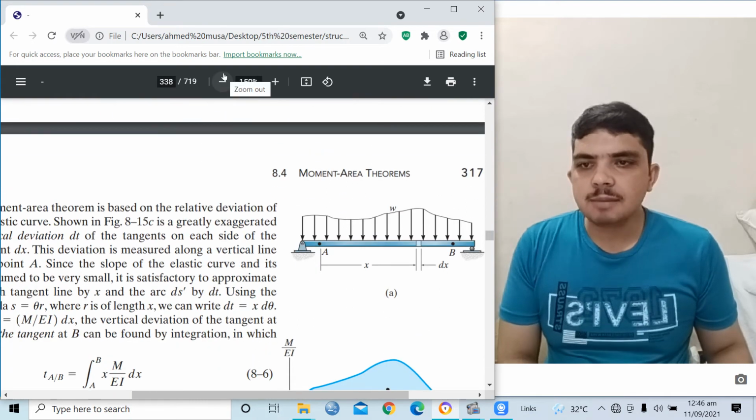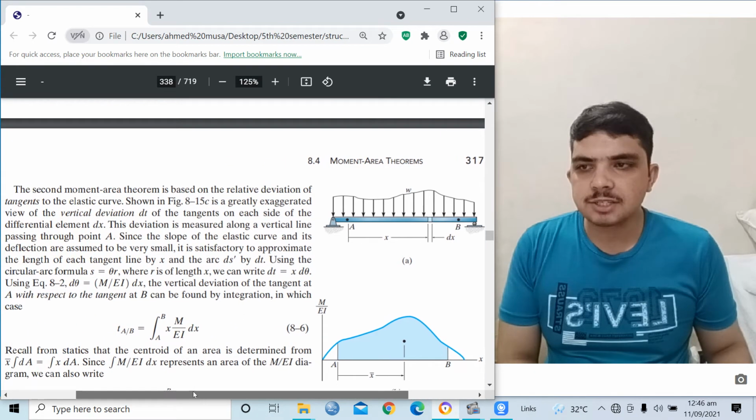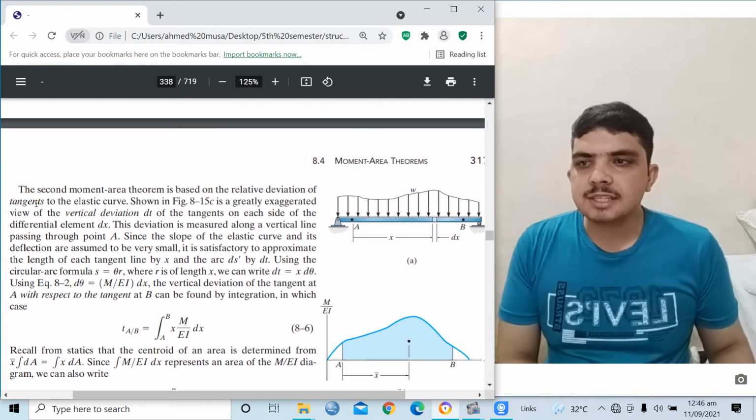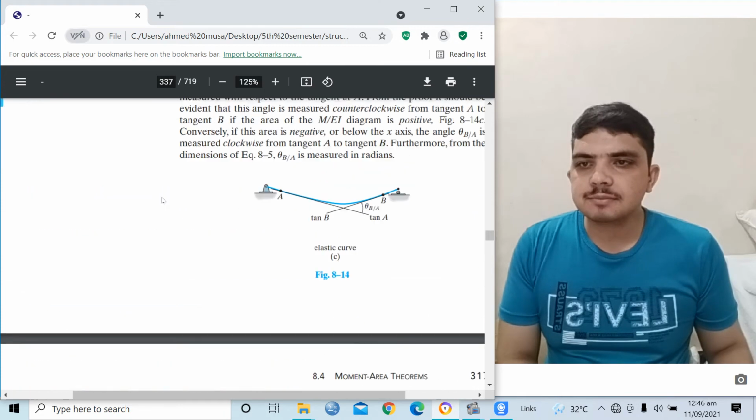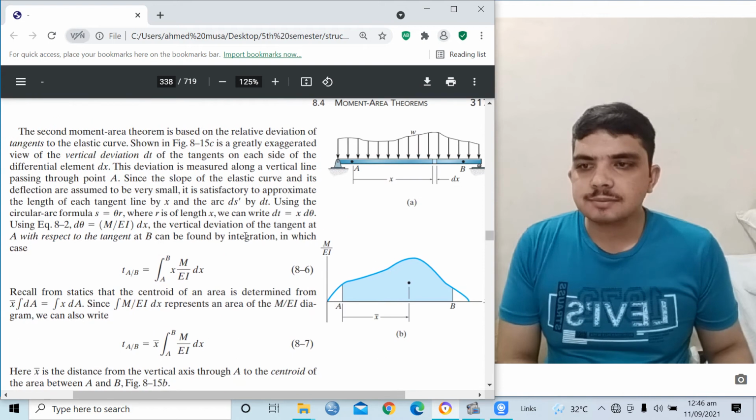Now I am coming toward the explanation of the second moment area theorem. This was the first moment area theorem. The second moment area theorem is based on the relative deviation of the tangent to the elastic curve, a greatly exaggerated view of the vertical deviation dt.